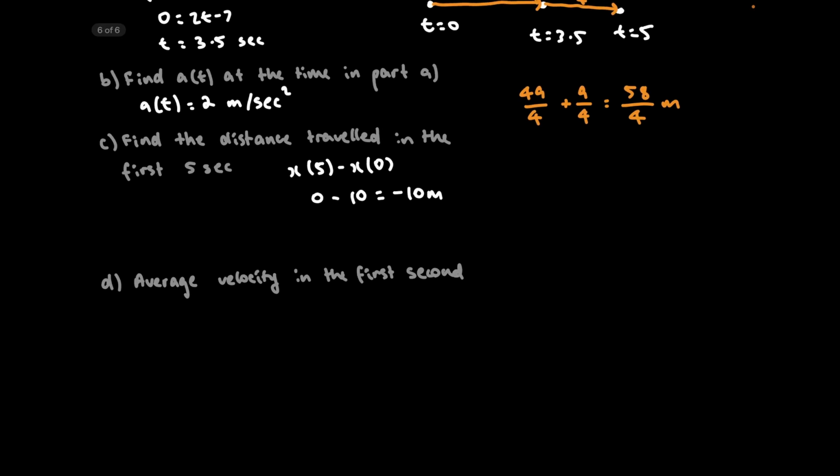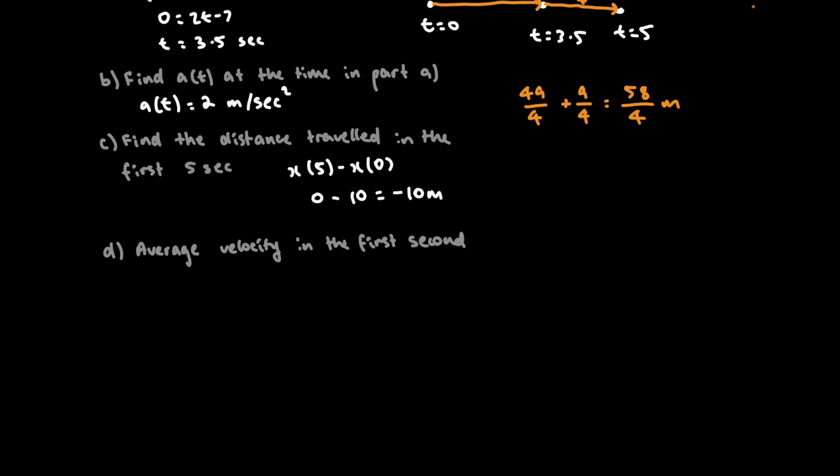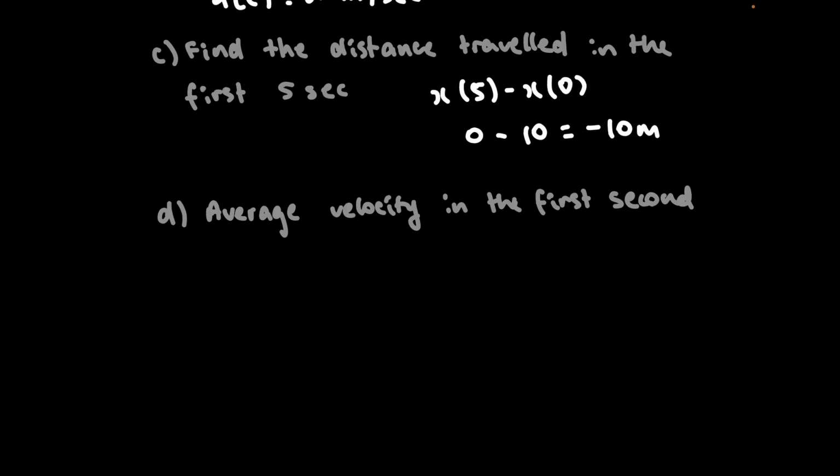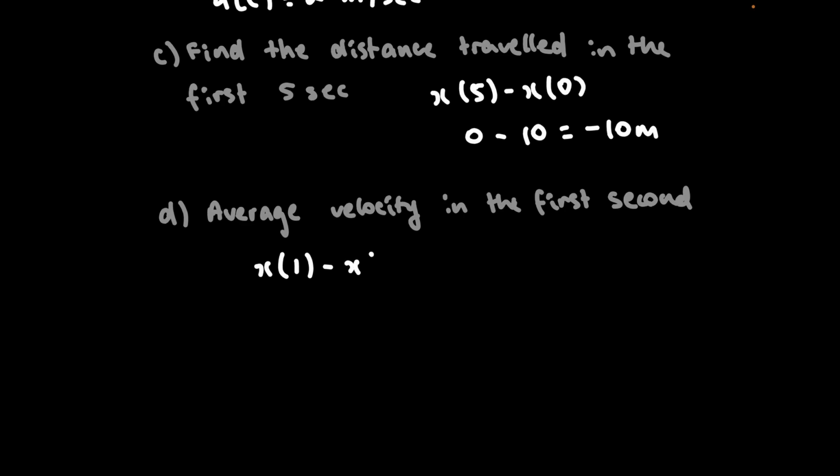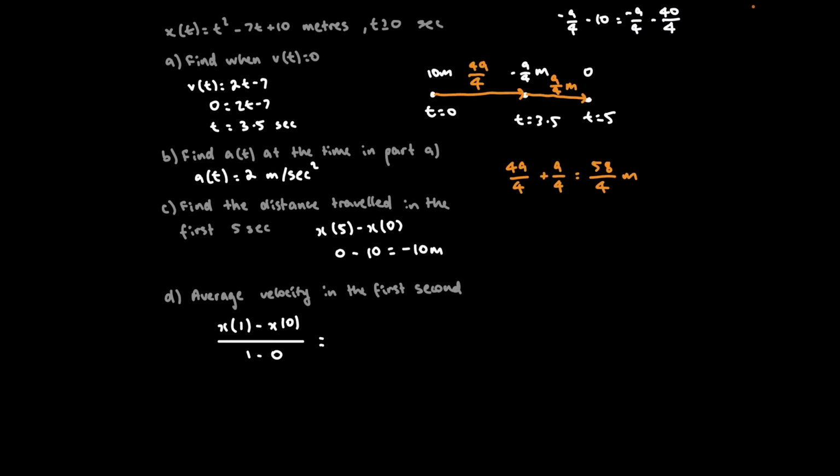The last part is the average velocity in the first second. To work out the average velocity in the first second, we can simply do the displacement when t equals 1 minus the displacement when t equals 0, divided by 1 minus 0. So what we get when we do this is we sub in t equals 1 first.